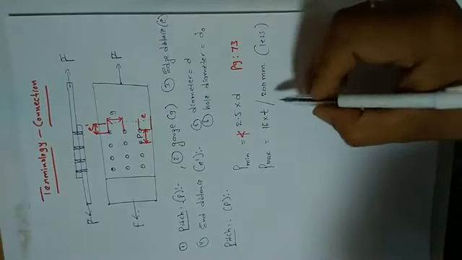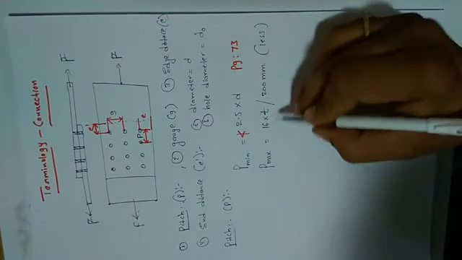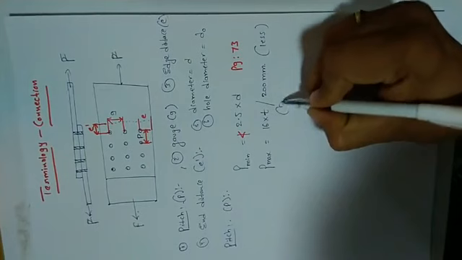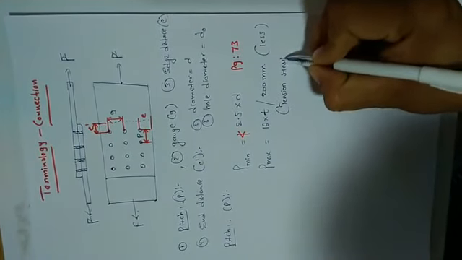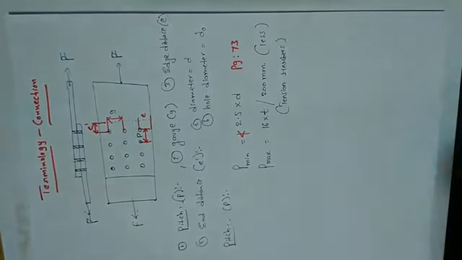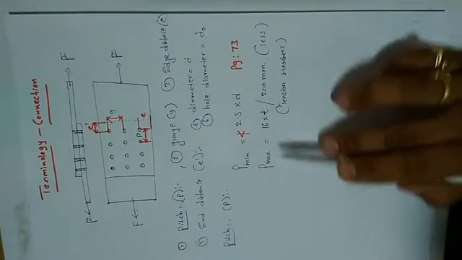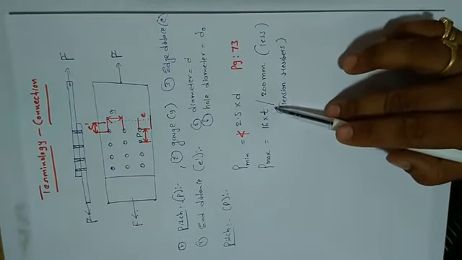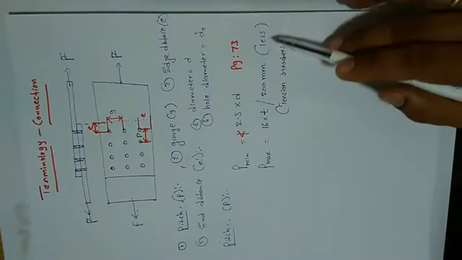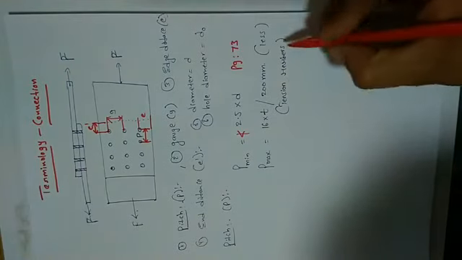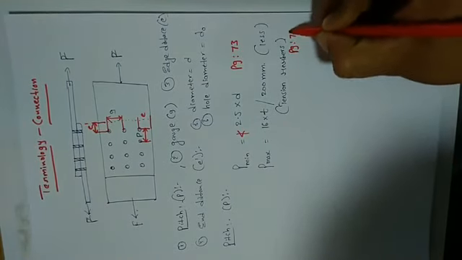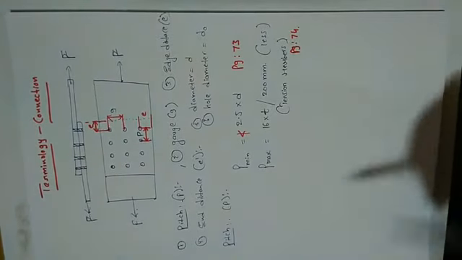This condition is applicable when your members are tension members. When your members are tension members only, you consider the maximum pitch as 16 T or 200 mm, taking the minimum value. You can find these formulas on page number 74 in your IS 800 2007.